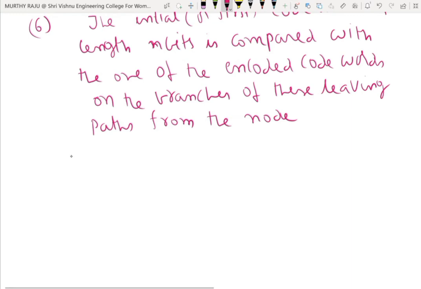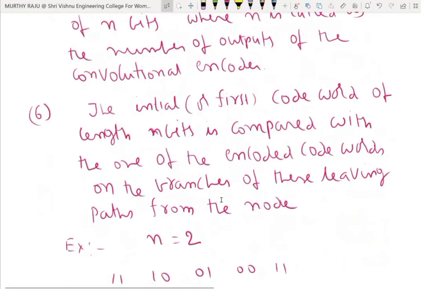In this example, let us consider n is equal to 2 outputs of the convolutional encoder. The received information is divided into code words of length n equal to 2 bits. Therefore, in this example, 11 10 01 00 11. Let us consider the division is like that. Okay, fifth one is completed.